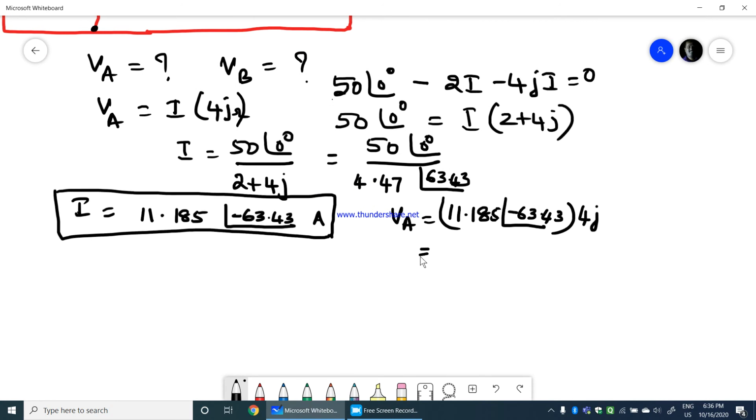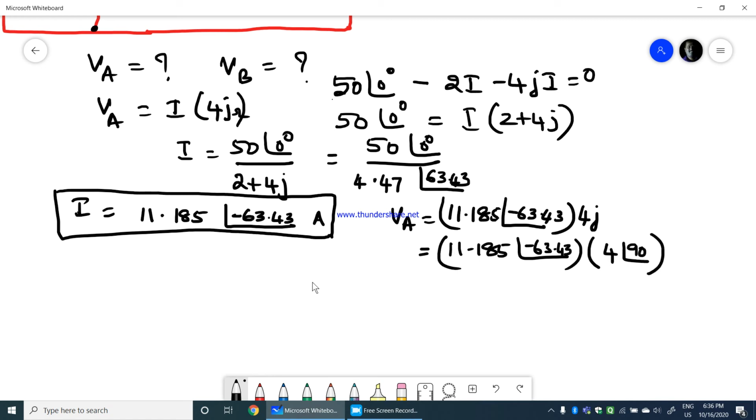Shift polar of 0, 4, I'll get 11.185 at an angle minus 63.43 multiplied by 4 at an angle 90.